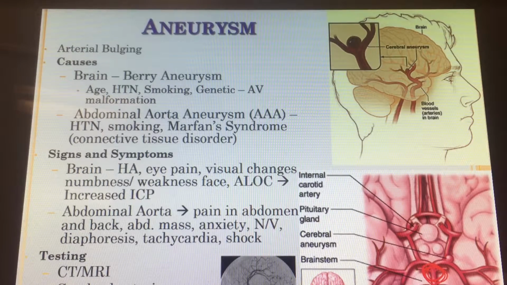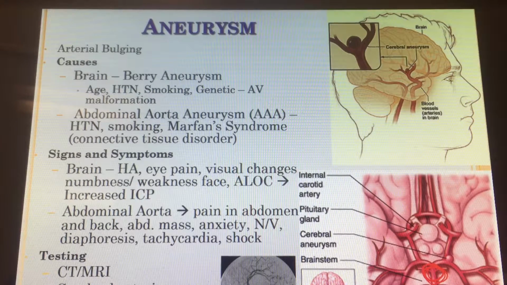Increased ICP means what I just said, increased intracranial pressure inside the head. Yeah? You said for the berry aneurysm, what causes it, age? Is that old age? Old age, yes. Sadly, for every pathology, one of the causes is age. The older you get, the more things break. It's possible for a young kid to get one.